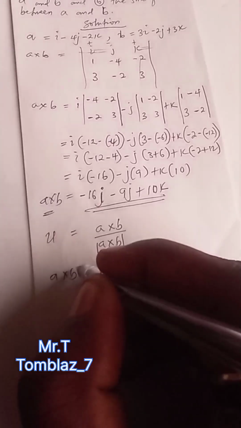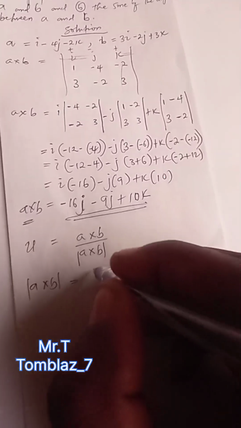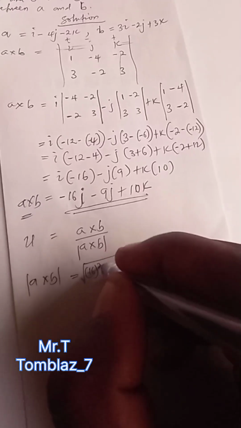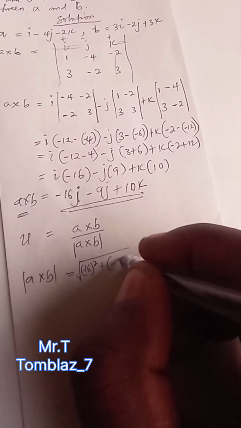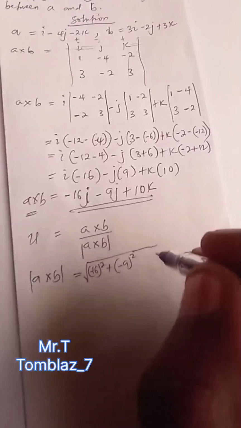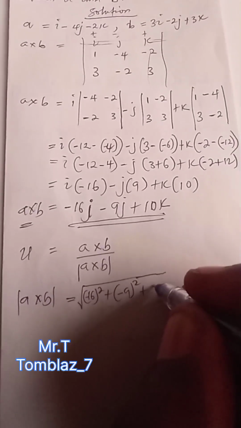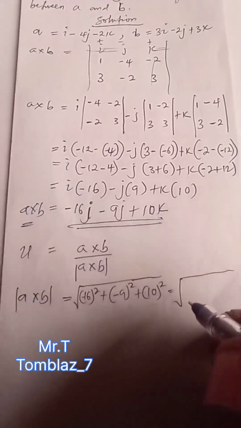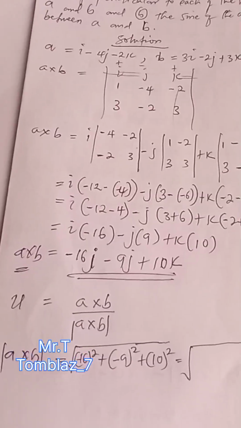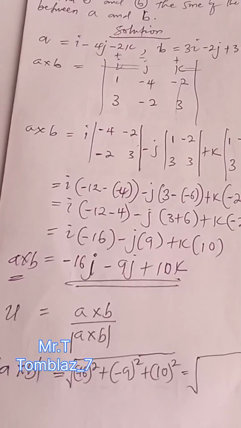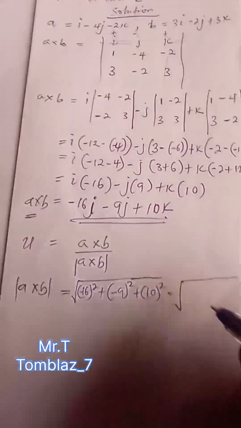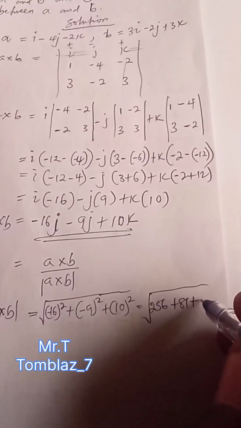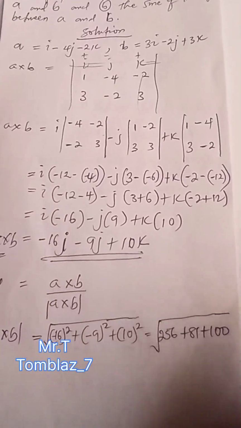The modulus of A cross B will be equal to the square root of minus 16 squared plus minus 9 squared plus 10 squared. So let's get 16 squared. 16 squared will give you 256, plus 9 squared is 81, plus 10 squared is 100, right?